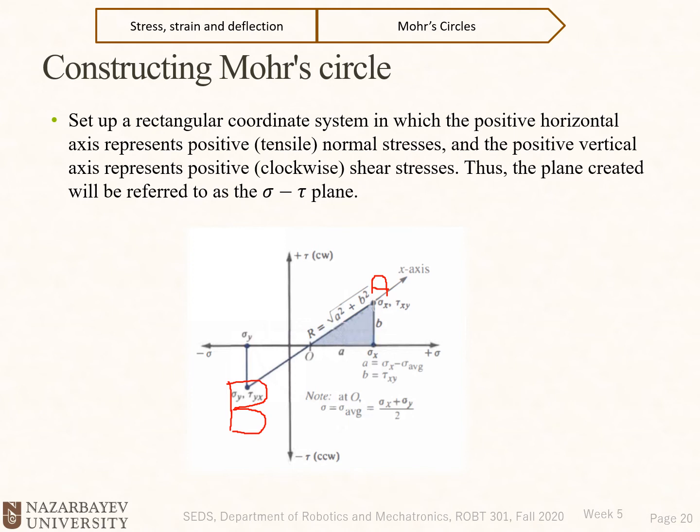Once we have these two points, we could just draw a line between them, find the intersection of that line with the sigma axis, and find O. And this O is basically the center of Mohr circle. And R, or OA or OB, is the radius of the Mohr circle. Now we could easily construct our circle and find the radius of the circle, find the center of the circle.